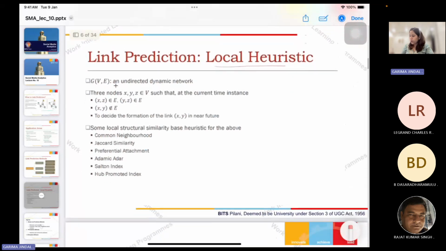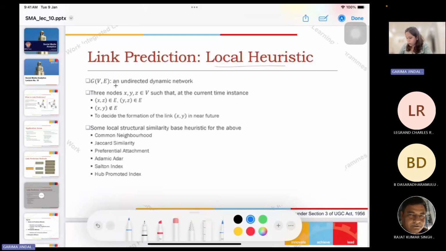So in the local methods, we covered that we can predict the links based on your common neighborhood. The more common neighbors two nodes have, the higher the probability that these two nodes will be connected. Then we saw that this common neighborhood notion can be normalized, and that is called the Jaccard Similarity Index.